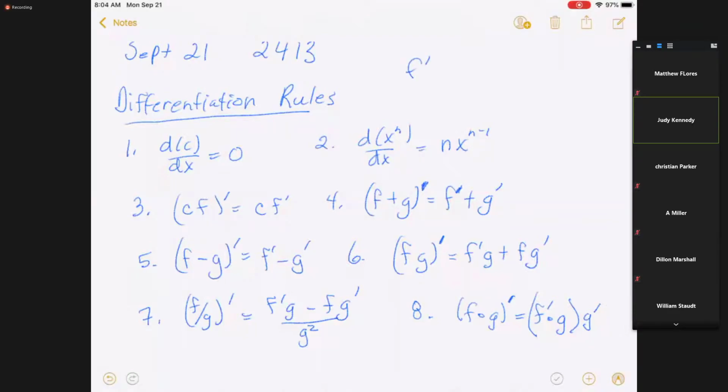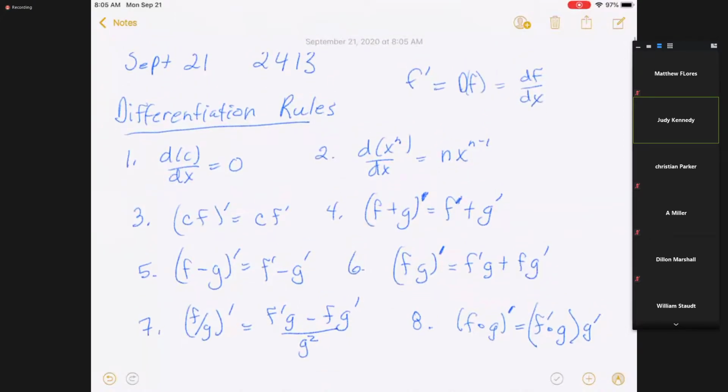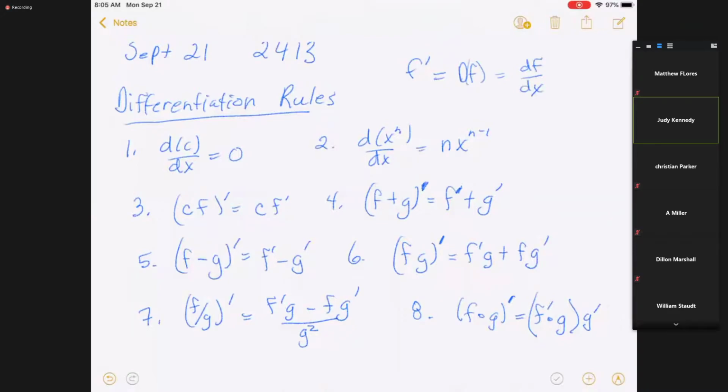F prime is the notation for the derivative of f, and so is d of f, and so is df dx if f is a function of x. And you'll also see dy dx if f of x is equal to y.